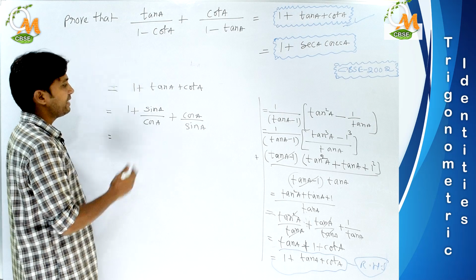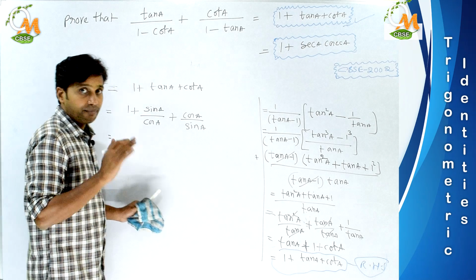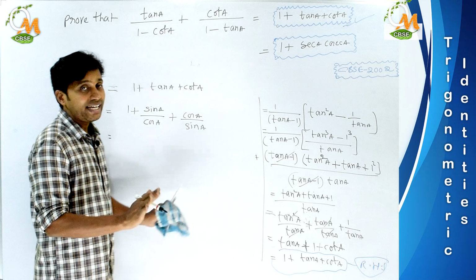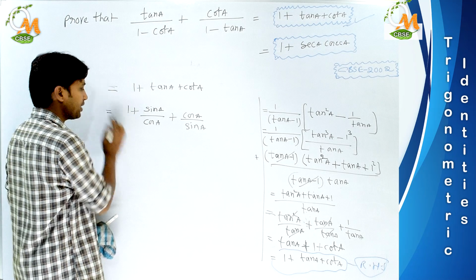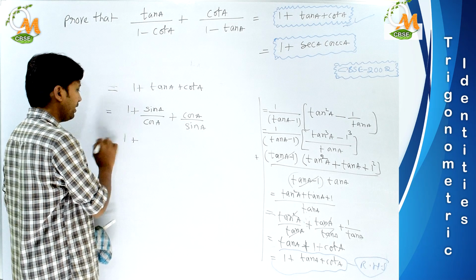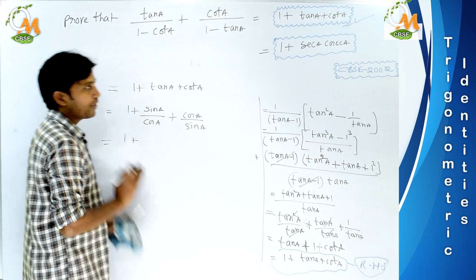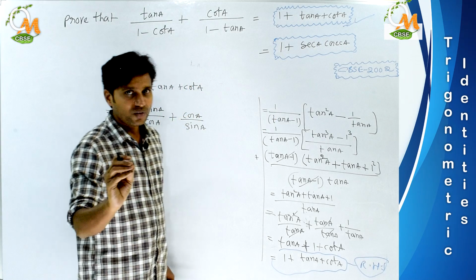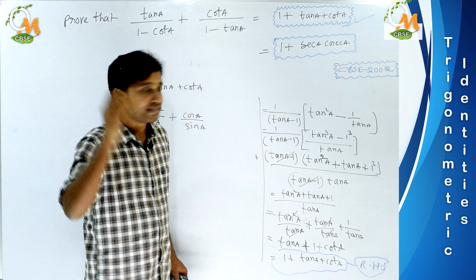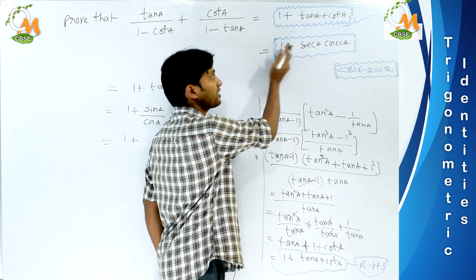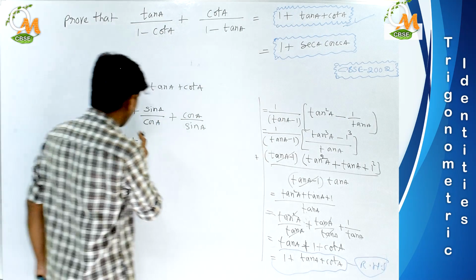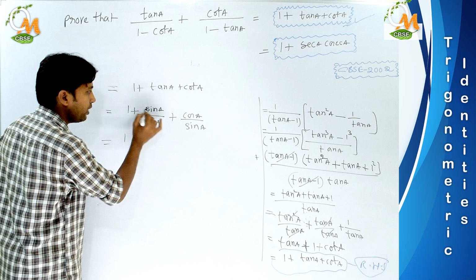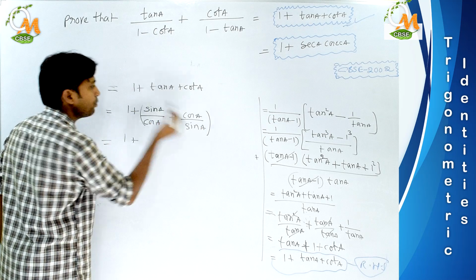We can take the LCM, but don't take the LCM for all the terms. Leave this 1 aside, because we need to get 1 plus something. Try to apply common sense. Here 1 is left separately, so better you leave this one and take the LCM only for these two terms. That means you are grouping these two terms.